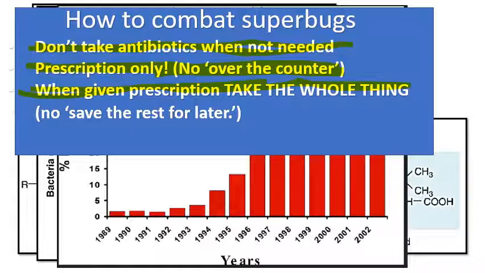If you're prescribed a course of antibiotics, you must take the whole course. You must take all of the pills as prescribed. Right, so no saving half of the antibiotics for later in case you feel sick in the future and you don't have to pay for another bottle. You have to take them all, because if you don't, then you're encouraging the survival of superbugs.